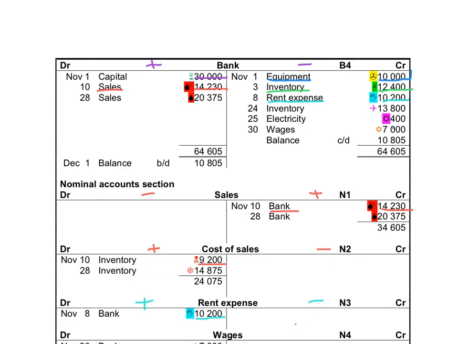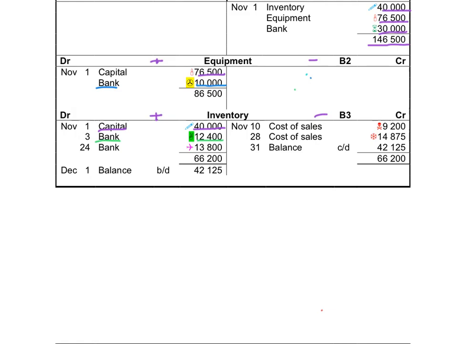Out of our inventory, so our inventory account will be credited with the 9,200. Inventory is an asset. Because we sold some of the goods, we've got less inventory, so inventory will decrease on the credit side with the cost price of the goods that were sold to indicate that we've got less inventory in the business, and we debited the cost of sales account.